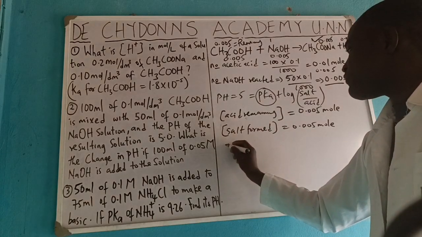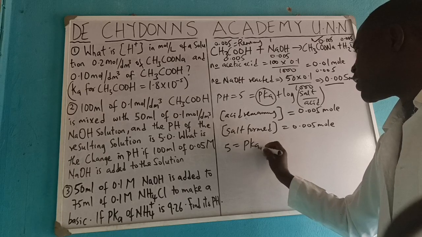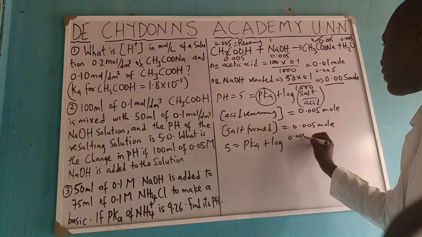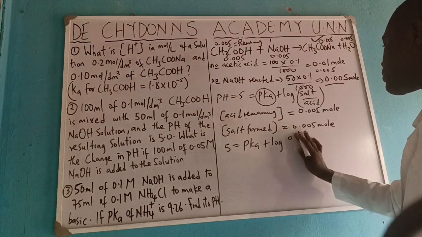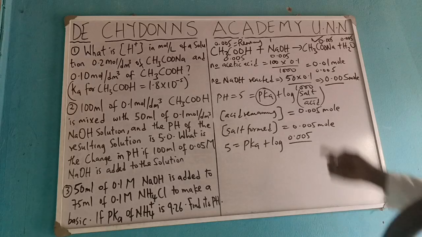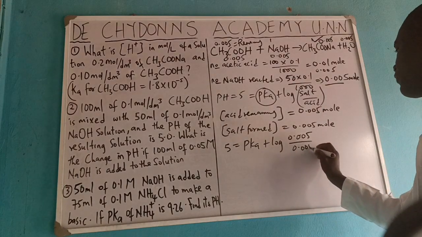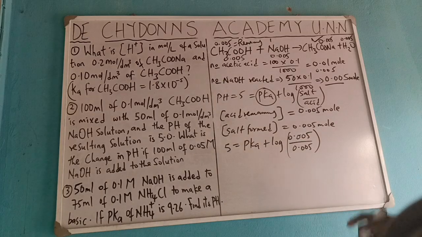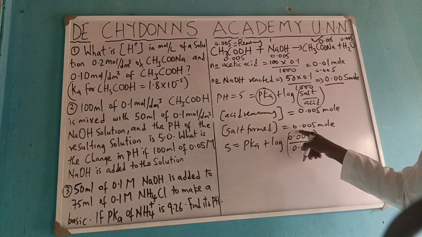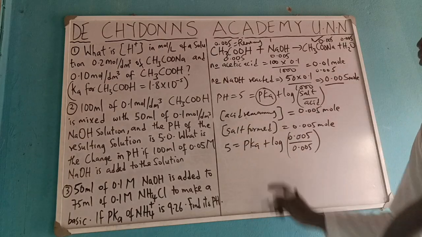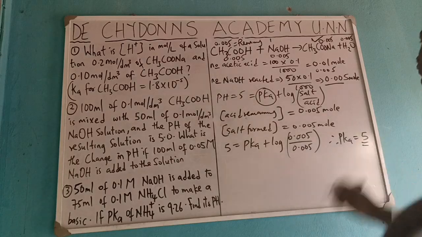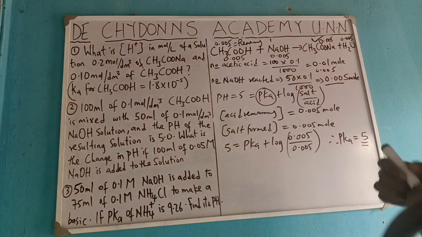We will be saying 5 equals pKa plus log of salt, 0.005, all over acid, 0.005. Now this over this is 1. Log of 1 is 0. Therefore, pKa automatically will become 5. We have gotten our pKa.